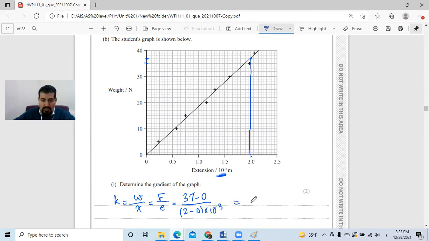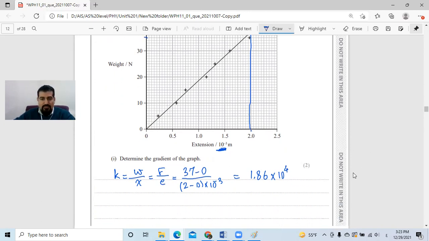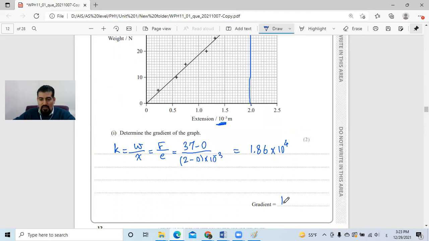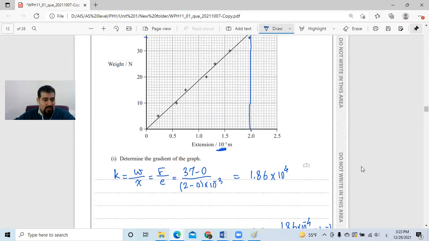By using the calculator, it will be 1.86 times 10 to the power of 4. What's the unit here? Exactly, it's Newton per meter. I'm dividing the weight by the extension, Newton per meter.